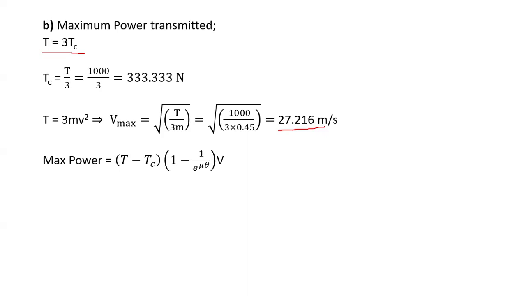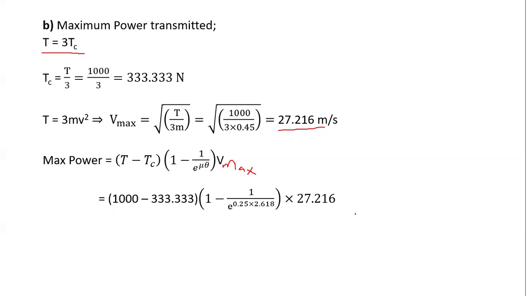So with that, we can now go ahead and substitute. We have T minus TC, open brackets, 1 minus 1 over e to power mu theta. Then here we put Vmax. So T is 1000, TC is 333.333. Then open brackets, 1 minus 1 over e to power 0.25 times 2.618.